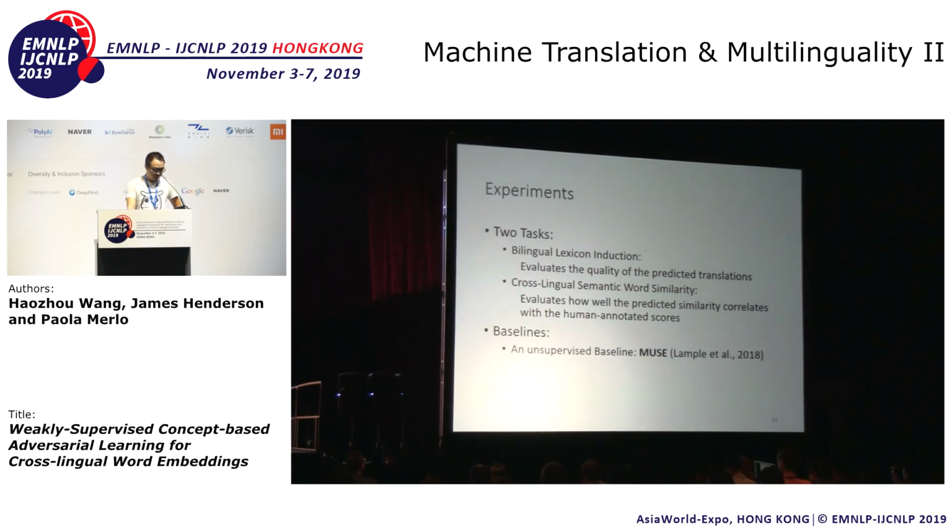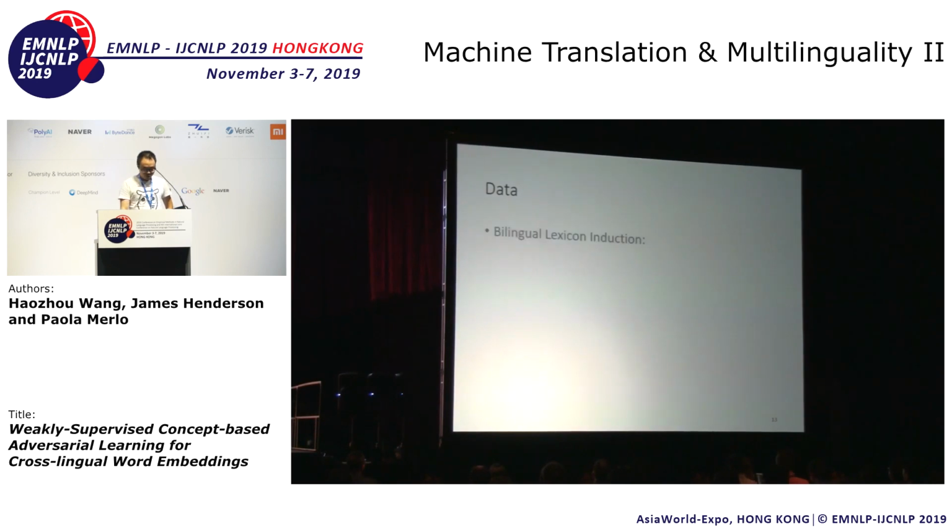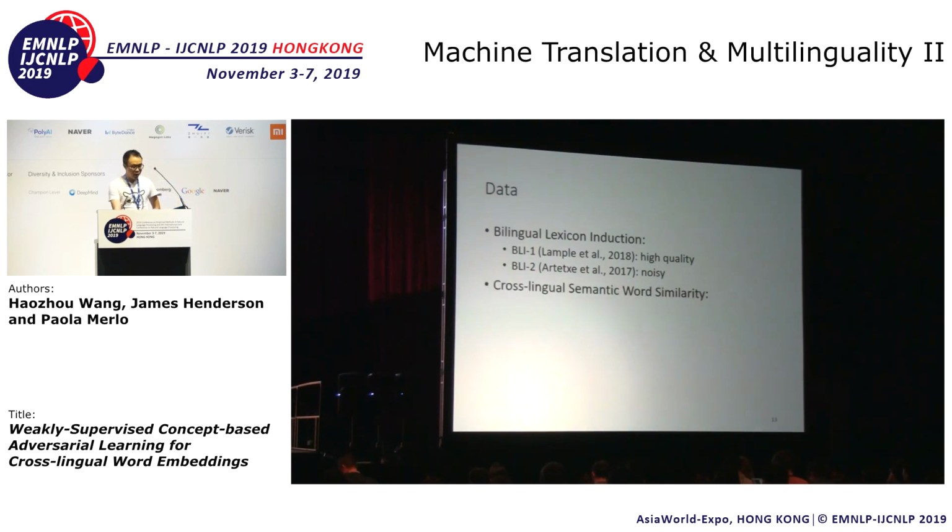We have three baselines: an unsupervised baseline called MUSE, and two supervised baselines, VecMap and Procrustes. For bilingual lexicon induction, we have two data sets, BLI1 and BLI2. For cross-lingual semantic word similarity, we use the SemEval 2017 data set.